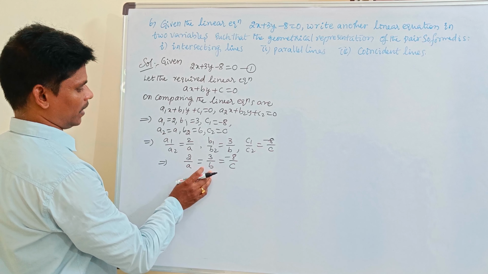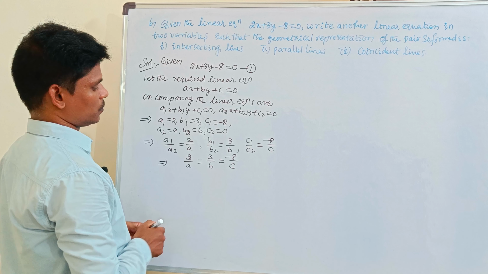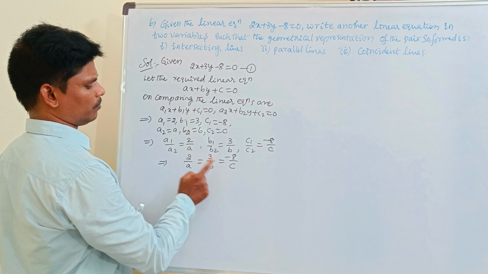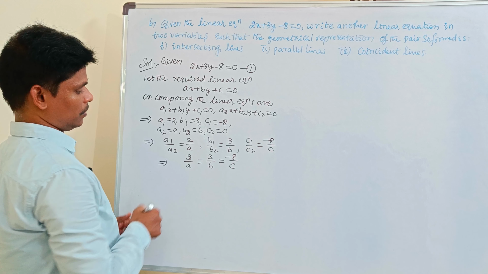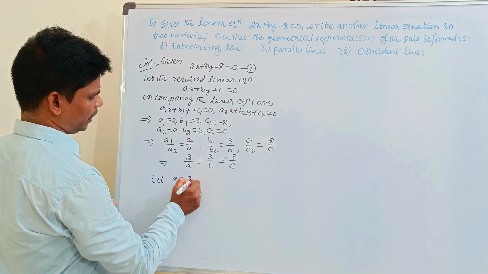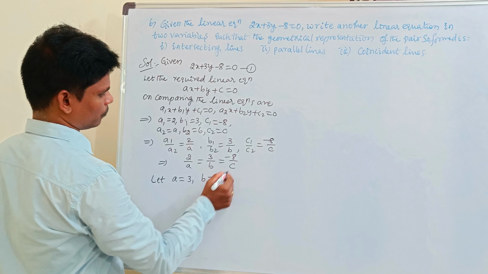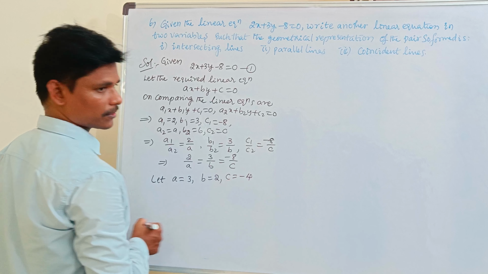So let's take the intersecting lines. Intersecting lines means a1 by a2 is not equal to b1 by b2. Only then those lines are intersecting lines. So let's take the a value as 3, b is equal to 2, c is equal to, I take, minus 4.